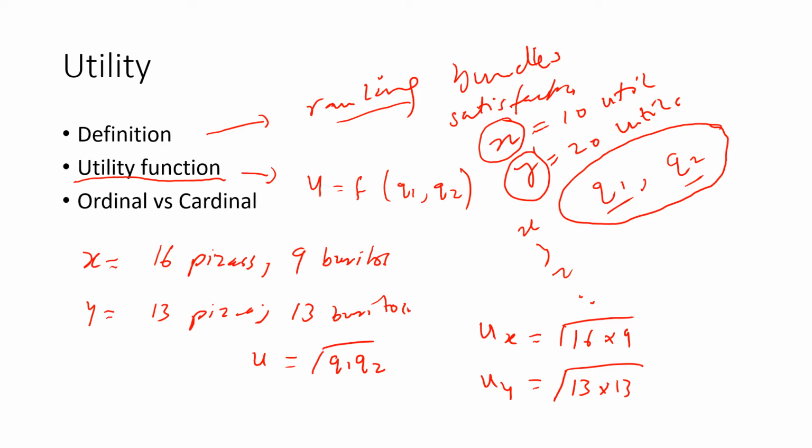So basically this gives us 13, as 13 squared cancels out the root. Then we have 16 times 9, and taking the square root of it we get 12. So obviously from this example we can see that the utility of Y is greater than the utility of X. So we can rank these bundles based on the utility function that we are getting.